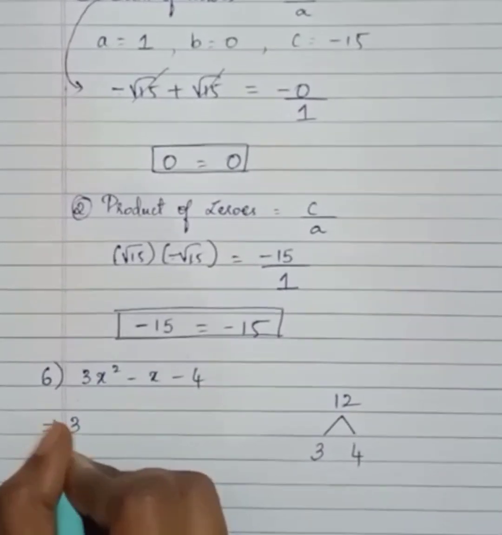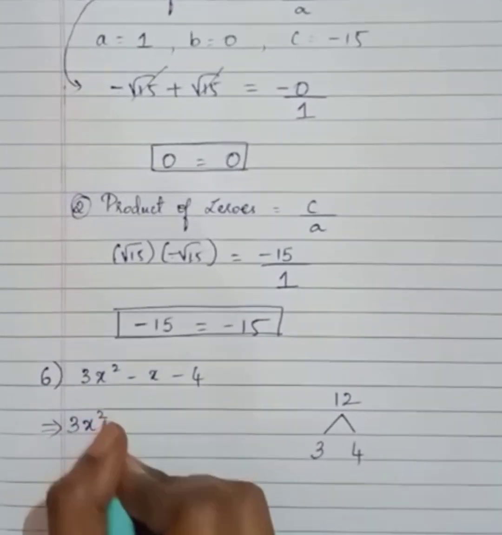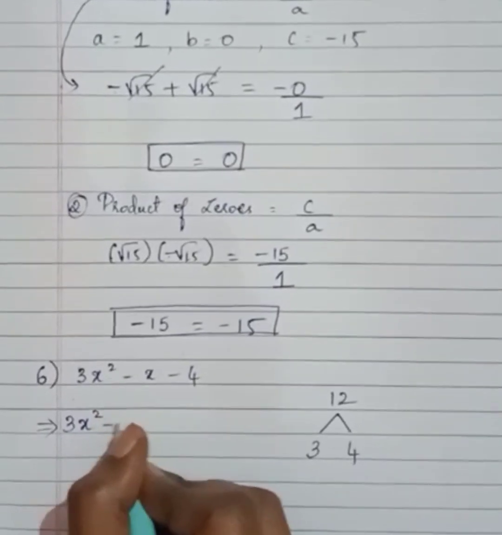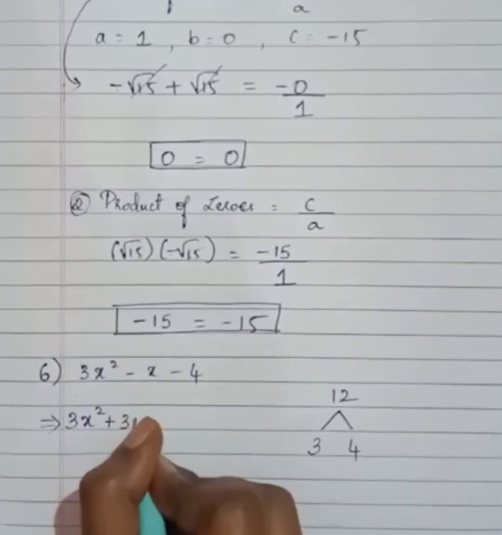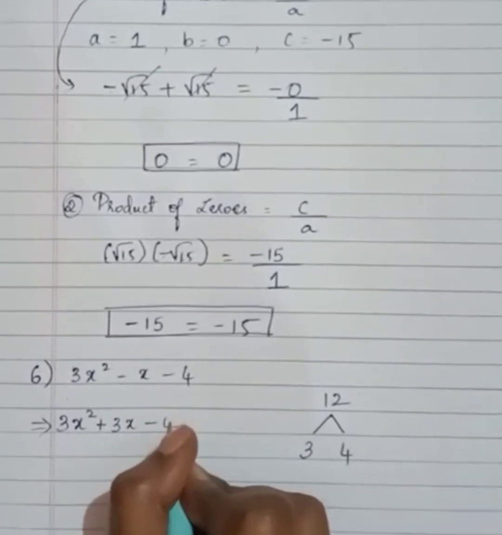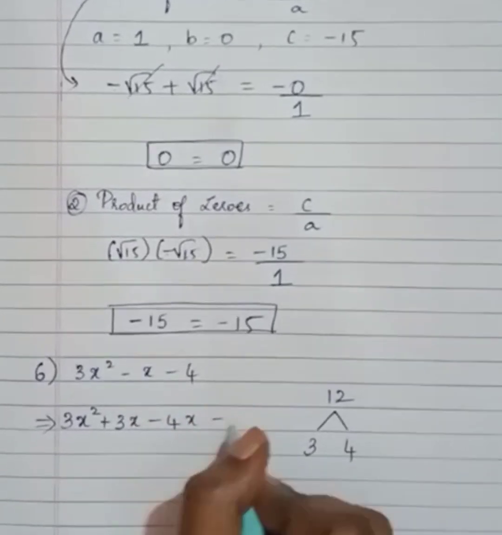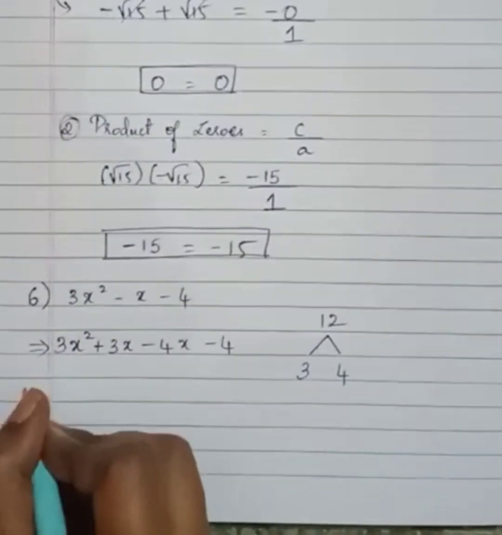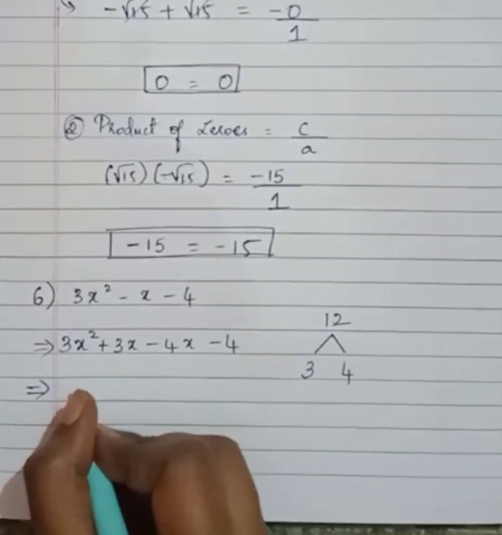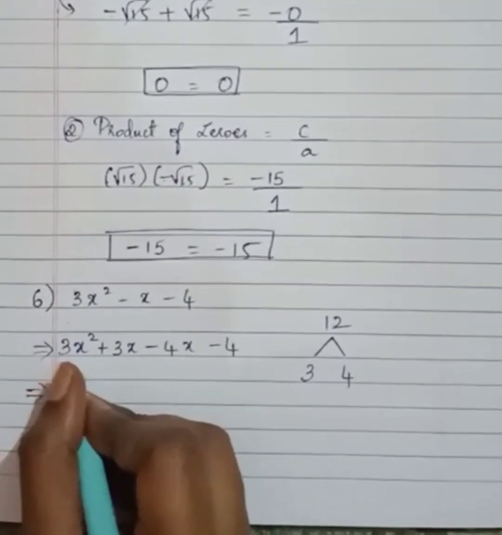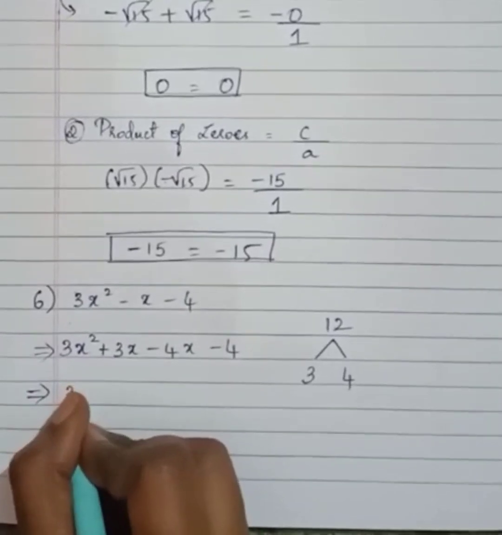So our next step will be 3x square plus 3x minus 4x minus 4. The next step will be, here we are supposed to take the common out.